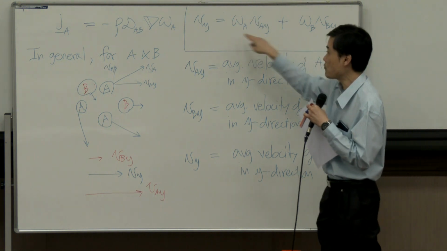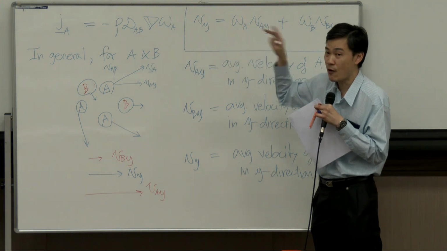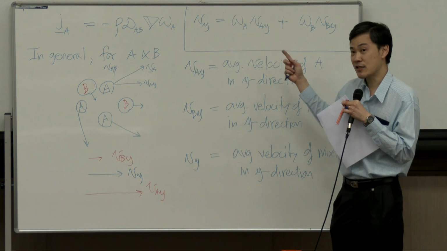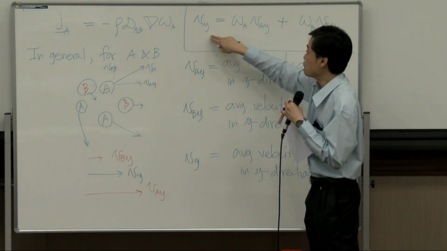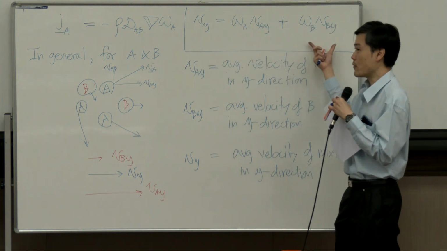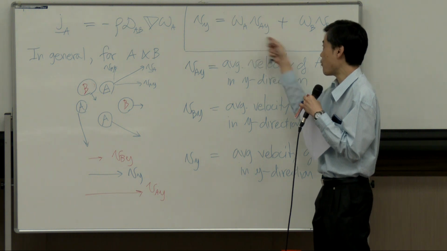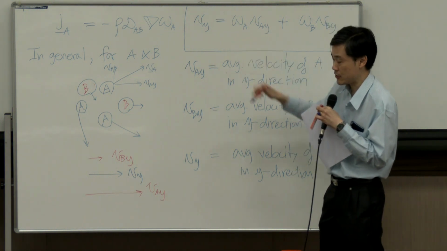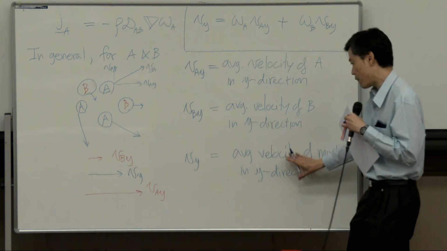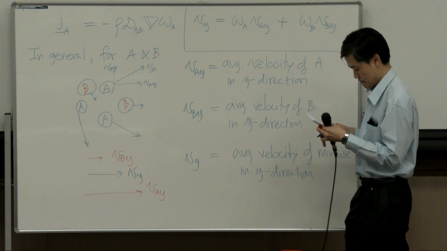So this is one way, and I'm going to emphasize, only one way, not the only way. It is just an option, okay? It's one way to calculate average velocity. So this is how we take the weight of each component using the mass fraction. So sometimes we call this one mass average velocity. All right?